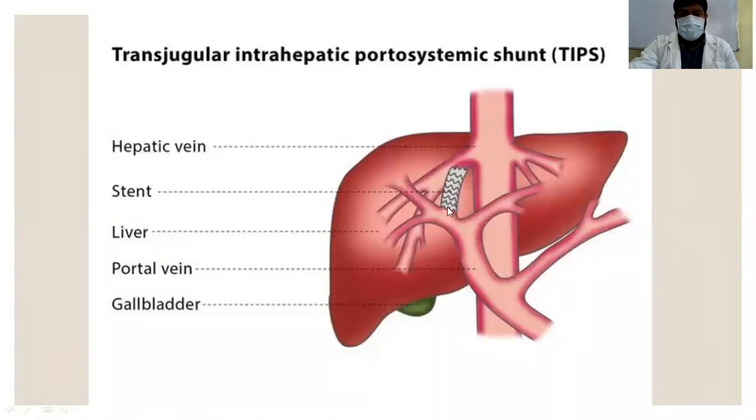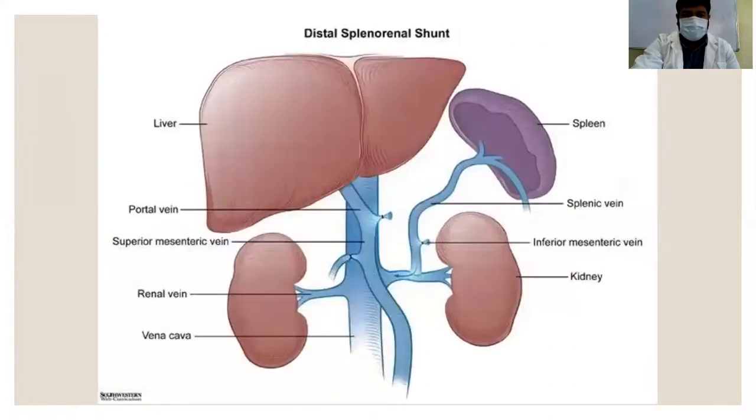So in this way, through the stenting of the portal vein to the hepatic vein, through transjugular intrahepatic portosystemic shunting, you can guarantee the flow from the portal vein into the hepatic vein, and from the hepatic vein into the inferior vena cava. This is the surgical modality by which you correct portal hypertension. Okay. This is the normal portal circulation.